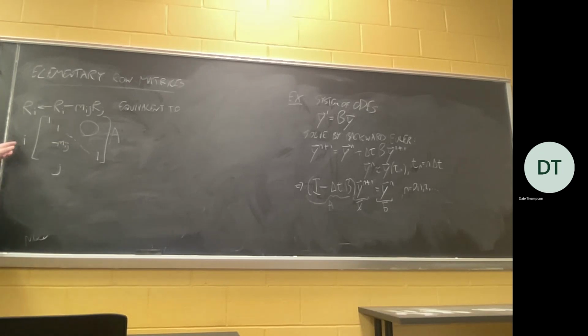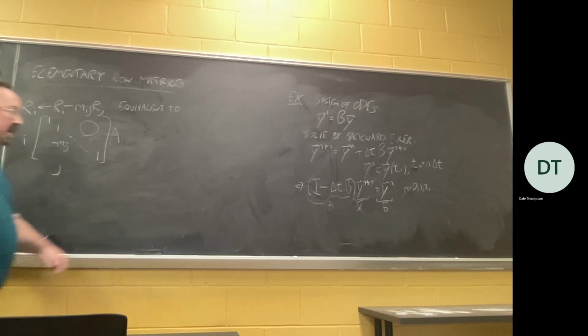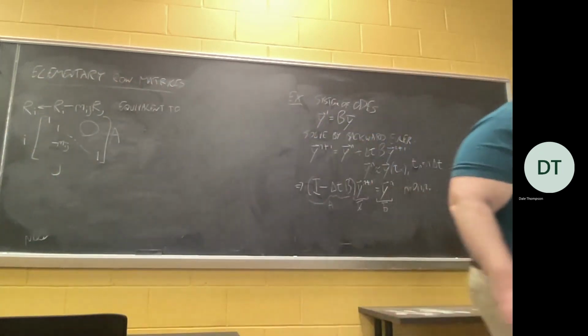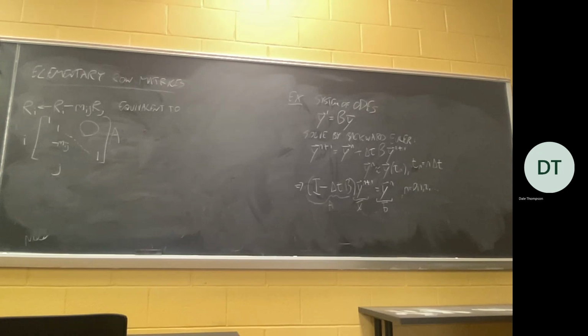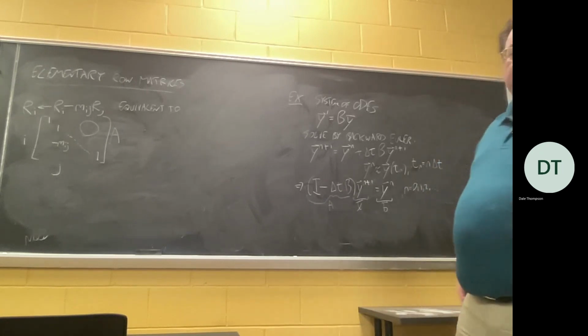Because it essentially sits in row i, it's going to work on row i. And because it's also sitting in column j, it's going to take this combination of row j and subtract it from row i in A. Okay, so that's just one row operation. They eliminate a single subdiagonal entry.